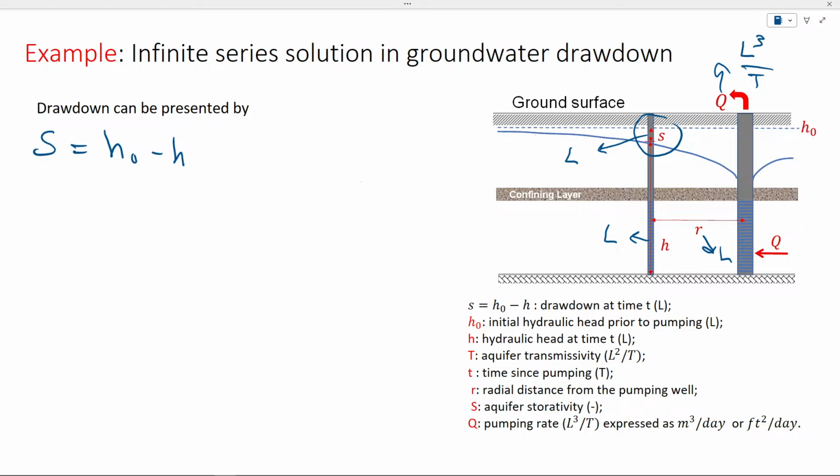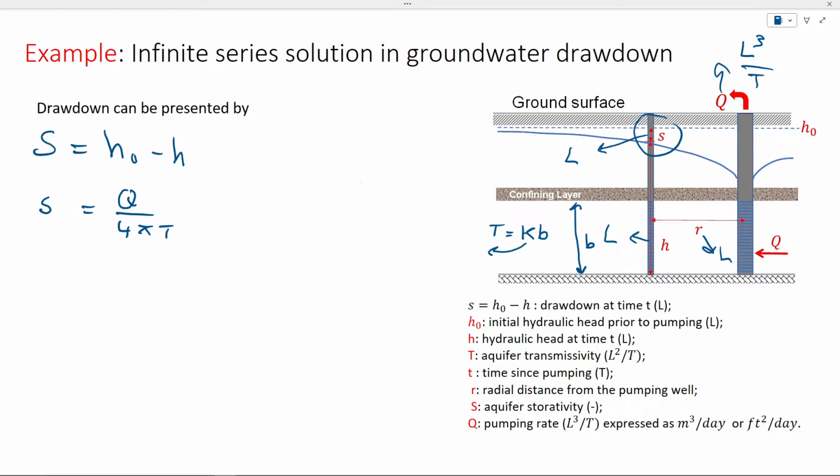So that is the physics of the problem. I can express this drawdown. I'm not going to show you the derivation because this is not a groundwater hydrology class. I can express the drawdown as Q over 4 pi T. T is the transmissivity, which is hydraulic conductivity times the aquifer thickness b.